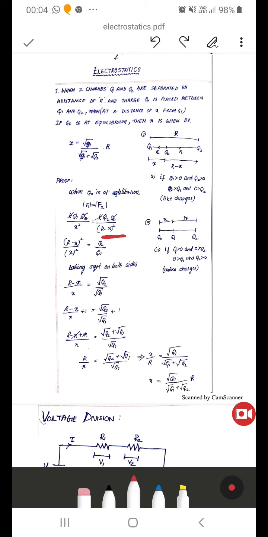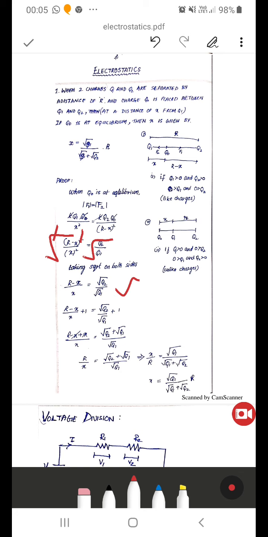Now, to find the value of x, that is what we have to find in the question, I am taking square root on both sides. The square and square root get cancelled, and we end up getting r minus x divided by x is equal to root of q2 divided by q1.